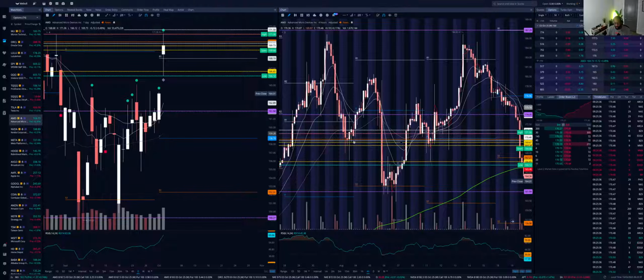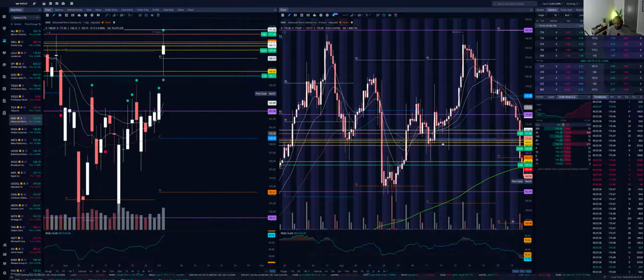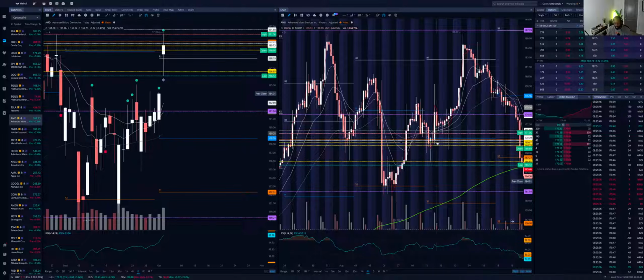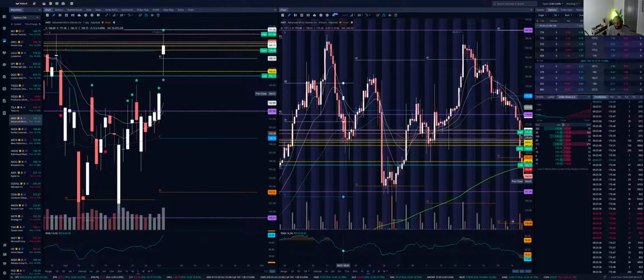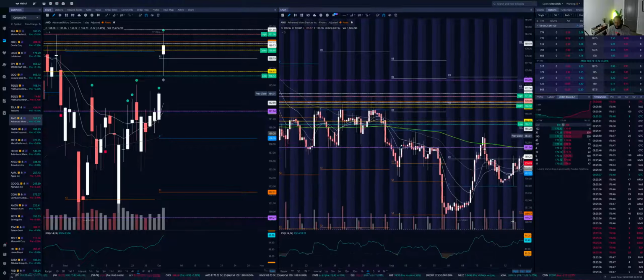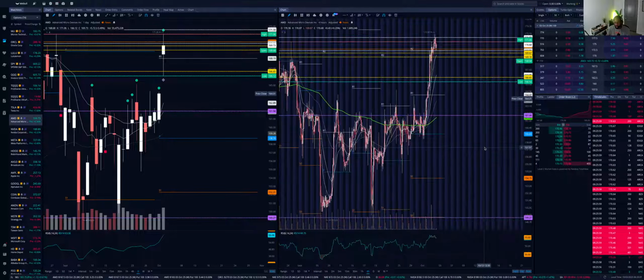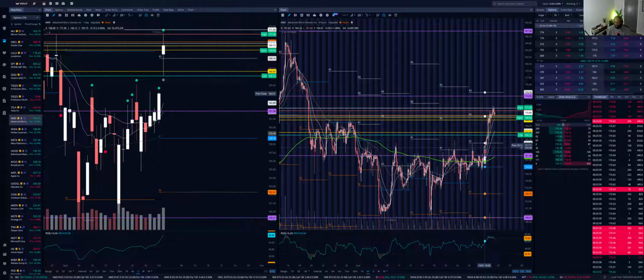So we can see here on Apple how the price came here, bounced up. You can see the price came here again and bounced up. I know these yellow lines can be a bit confusing, but we can see how this area and this area held. So this can help Apple today go higher. It can, but we're not fully sure.